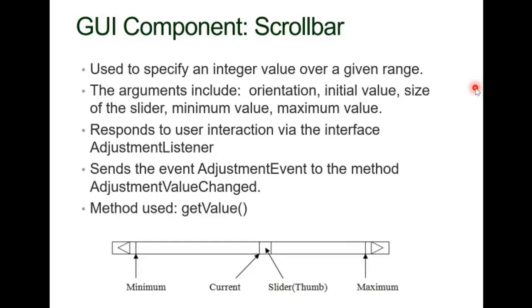Now scroll bar. Scroll bar is used to specify an integer value over a given range. The arguments include orientation, initial value, size of the slider, minimum value, and the maximum value.